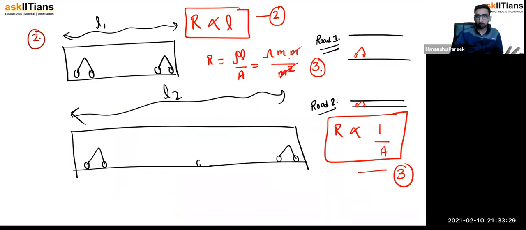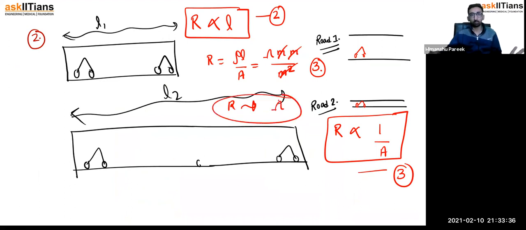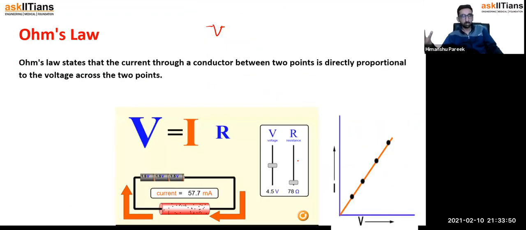So meter square cancels out, and the resistance unit you will ultimately get is ohm. Always remember, the resistance unit is ohm and the resistivity unit is ohm meter. That's it. Now let's go back here. I just forgot to tell you the units.